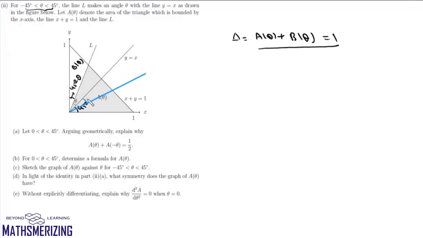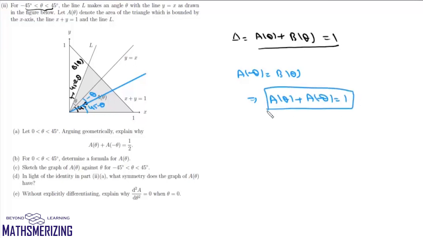Suppose this is minus theta. This angle will be 45 minus theta. So this area, which is A(minus theta), is actually equal to B(theta). So from here we can say A(theta) plus A(minus theta) will always be equal to 1.